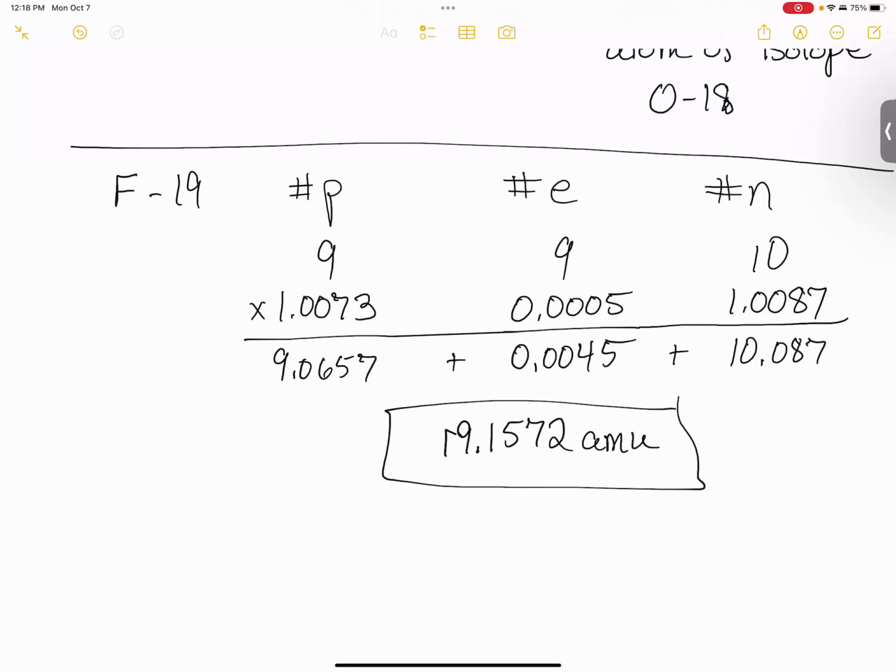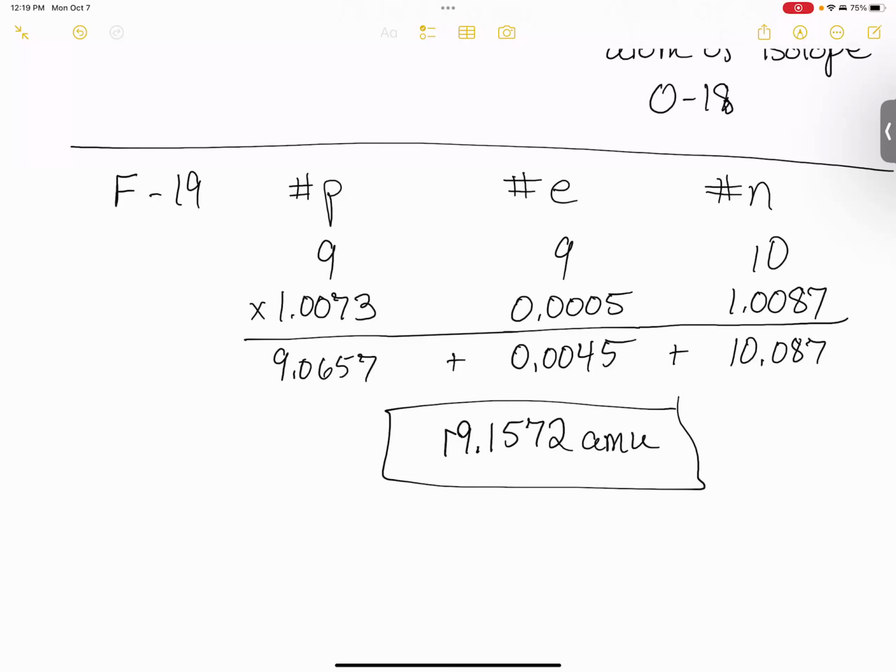Why does this make sense? Because every single proton has its own mass. Well, if there's 9 protons and each proton has its own mass of 1.0073, that means that all 9 combined contribute the 9.0657. If it has 9 electrons and each electron is 0.0005, then 9 electrons combined is 0.0045.